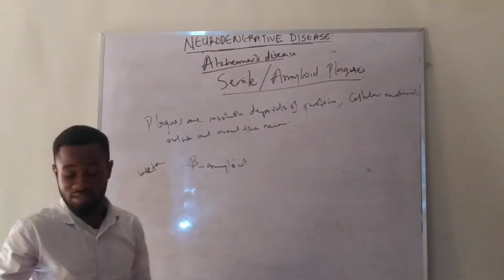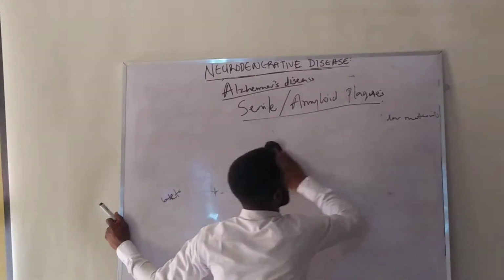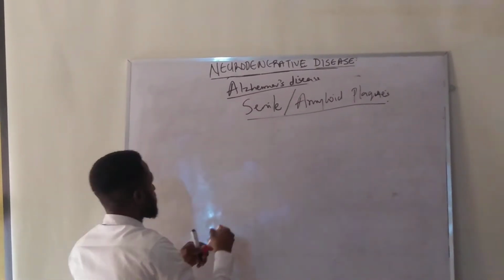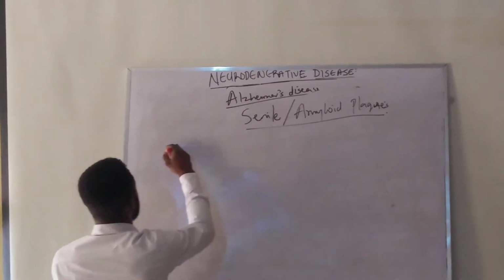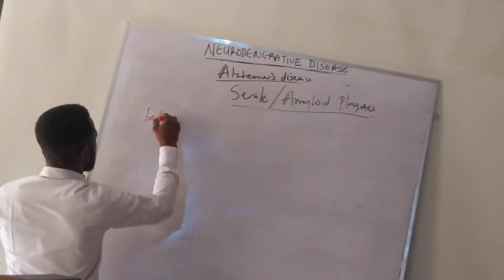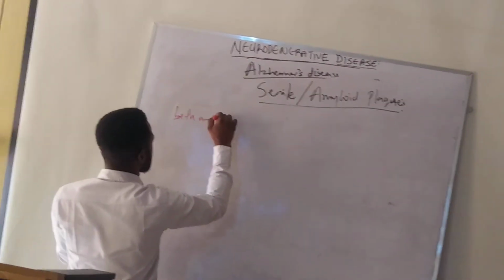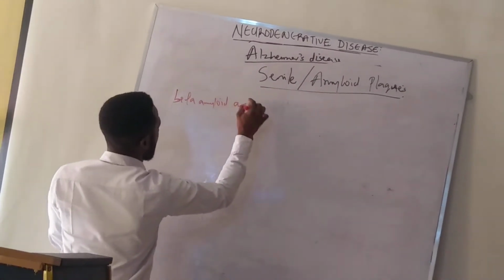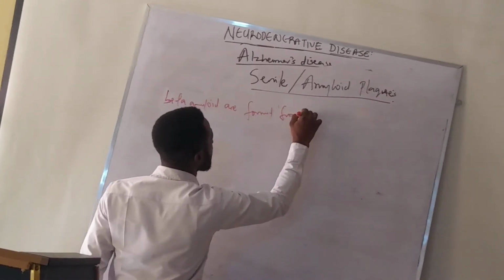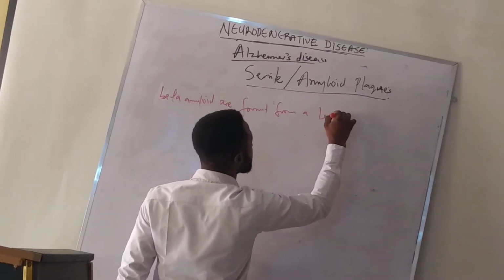And these beta amyloids are formed from a larger protein.